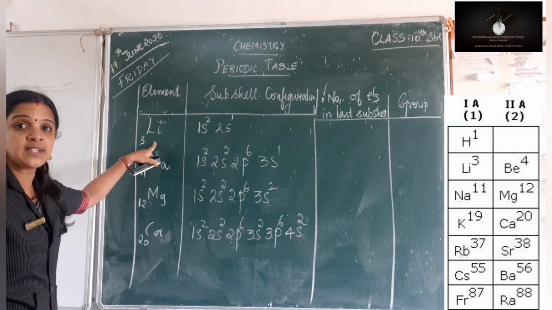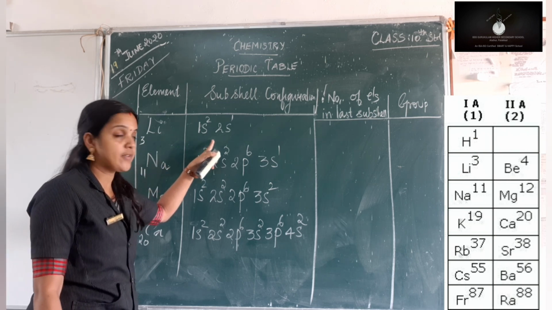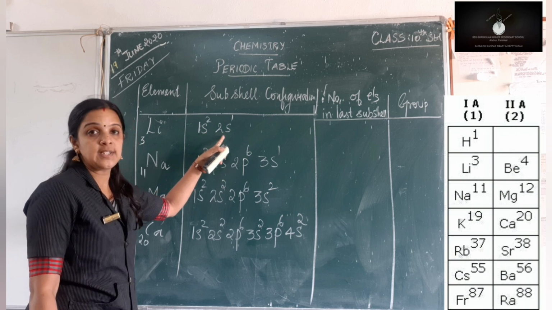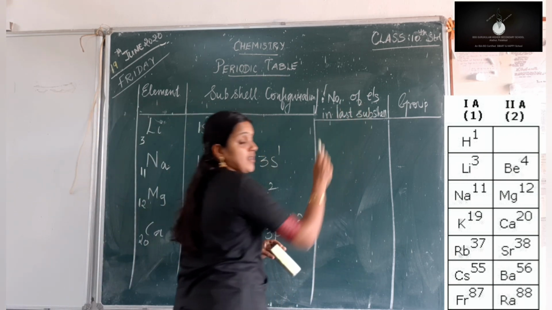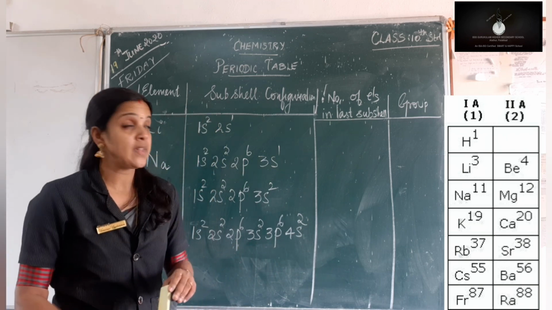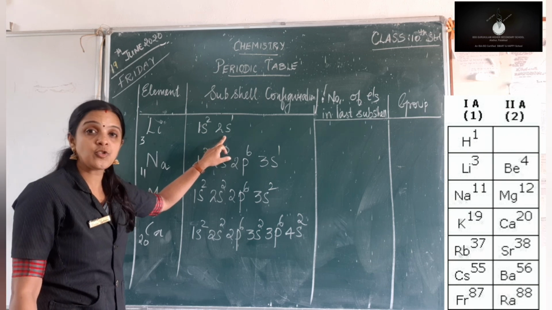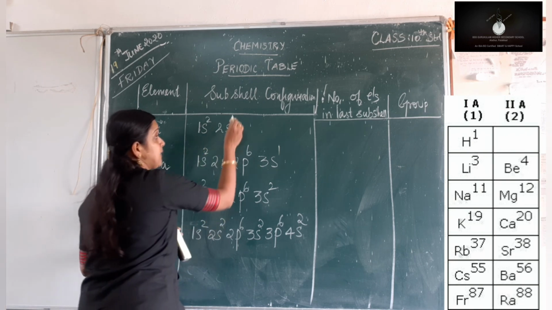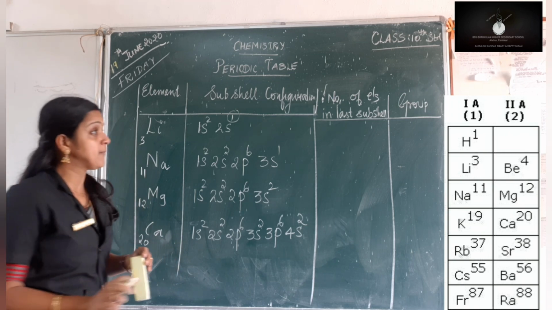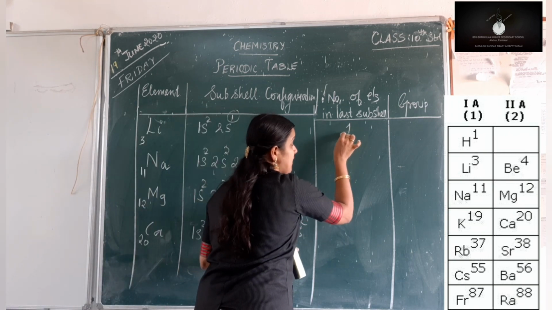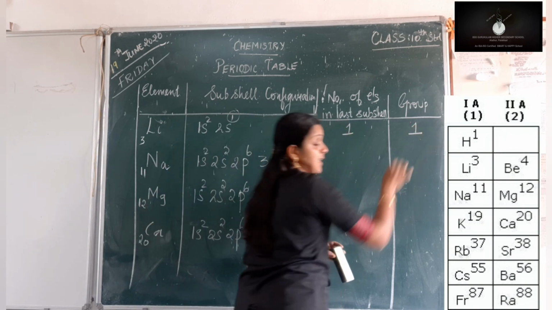My first element here is lithium. Once I write the configuration, it is 1s2, 2s1. It is asked here the number of electrons in the last subshell. 2s is my last subshell. How many electrons are present here? I have 1 electron in my 2s subshell. So I write 1 electron, which will be the group of the element.